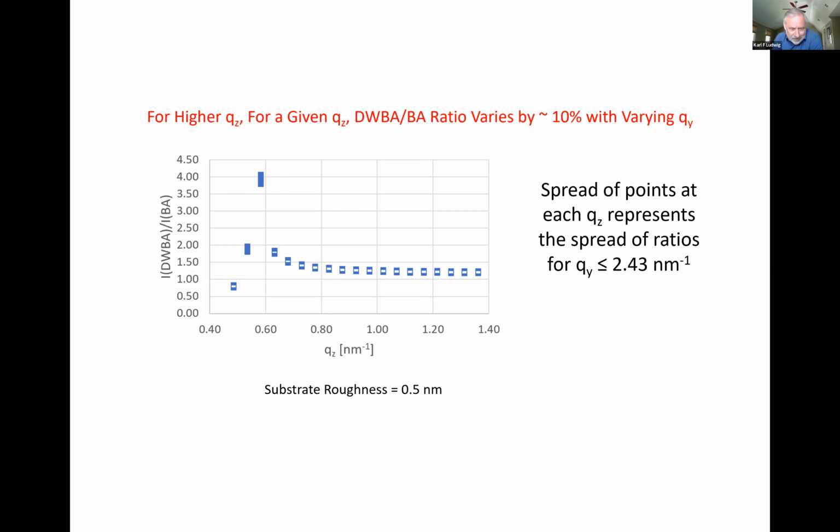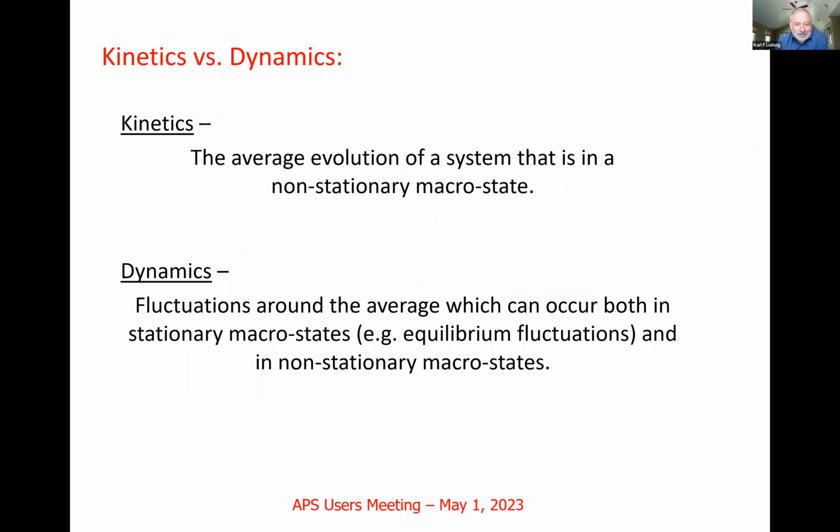But at any given QZ, the widths of these blue markers represent the variation in this ratio as a function of QY, meaning there's not much variation in QY, maybe about a 10% variation. So we have often found that simply going in above the critical angle can help with interpretation. I just wanted to put that in there.